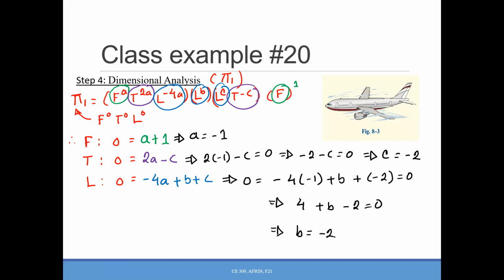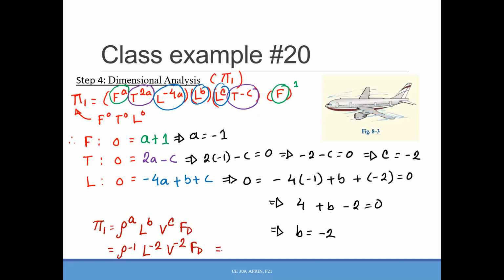Okay. So our final pi term is pi 1, if A is -1, or sorry, rho A. So it was rho A L B V C F. That means we have rho^-1, L^-2, V^-2, and F D. Right?